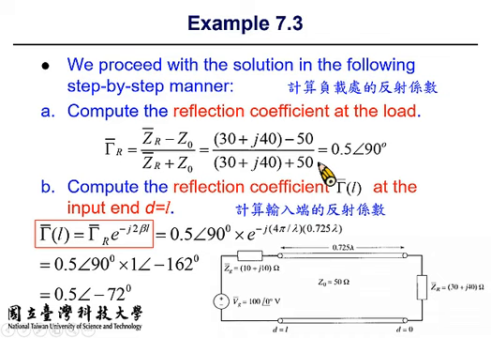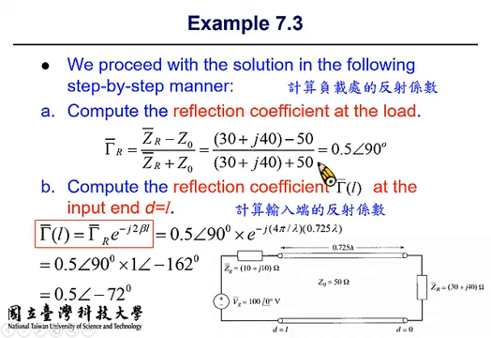The result will of course exceed 360 degrees, exceeding 2 pi, so you can divide by 2 pi and take the remainder. The angle of that propagation delay is minus 162 degrees, and the product is not difficult to carry out. You find the reflection coefficient at the left end equals 0.5 at an angle of minus 72 degrees.